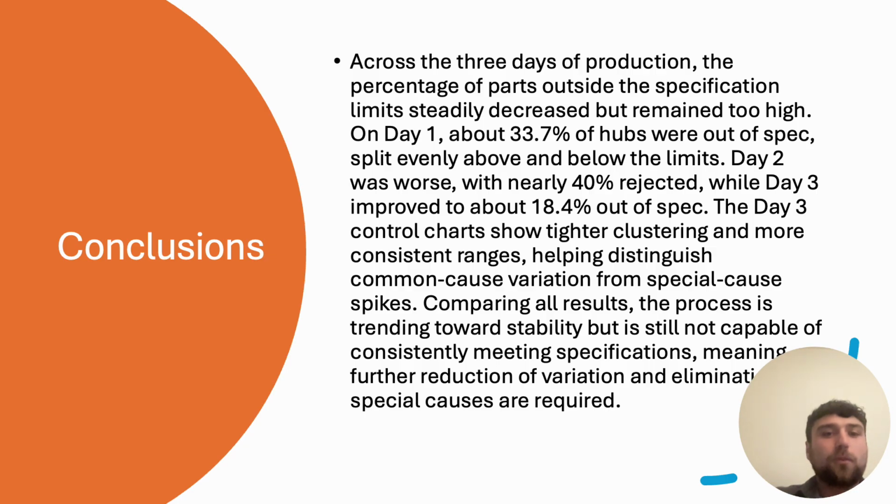Day 2 was worse, with nearly 40% rejected, while day 3 improved to about 18.4% out of spec. The day 3 control chart shows tighter clustering and more consistent ranges, helping distinguish common cause variation from special cause spikes.